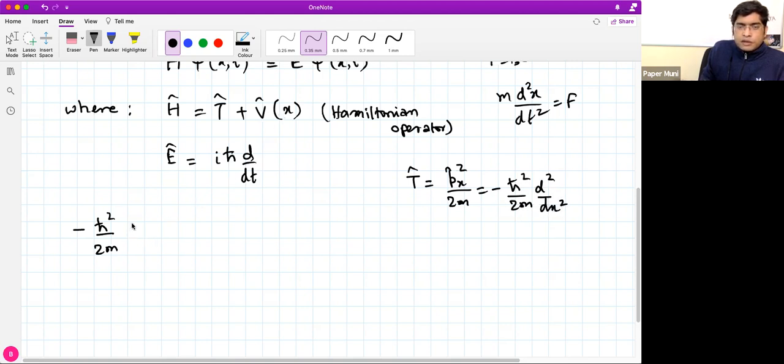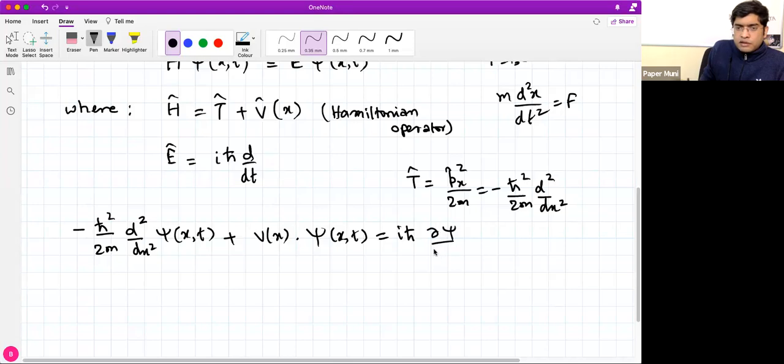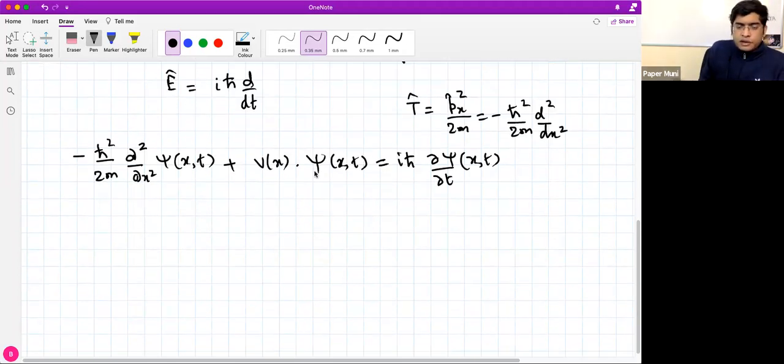We can use this in the Schrodinger equation: this acts on psi(x,t), plus V(x) multiplied by psi(x,t), is equal to i h cut times the derivative with respect to time. I write a partial derivative because both sides should be written as partial derivatives, since psi is a function of both time and position. This is the explicit form of the Schrodinger equation.